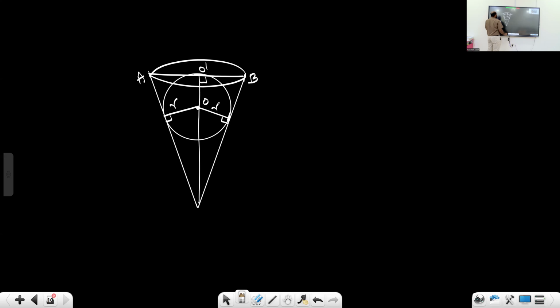Radius is given 6 centimeter. Only check what I drew here. Height is given 8 centimeter. Here one letter is used, V.